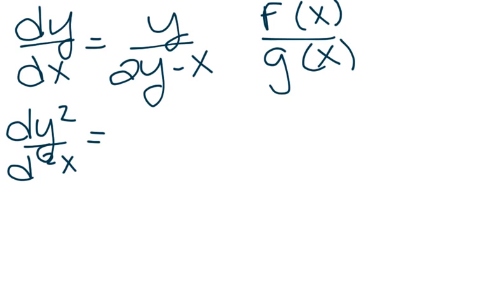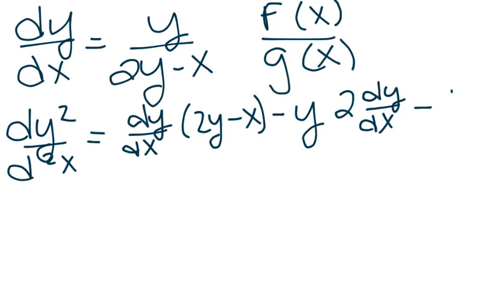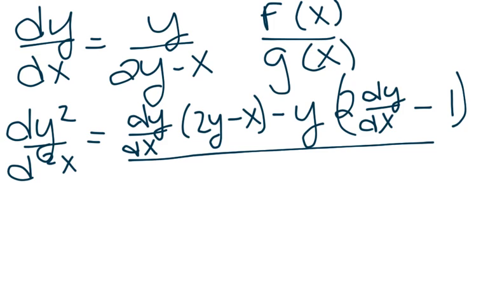So f prime of y is 1, so it's just dy over dx, times g, which is 2y minus x, minus f, which is y, times the derivative of g, which is 2 dy over dx minus 1, all over g squared, which is (2y minus x) squared.